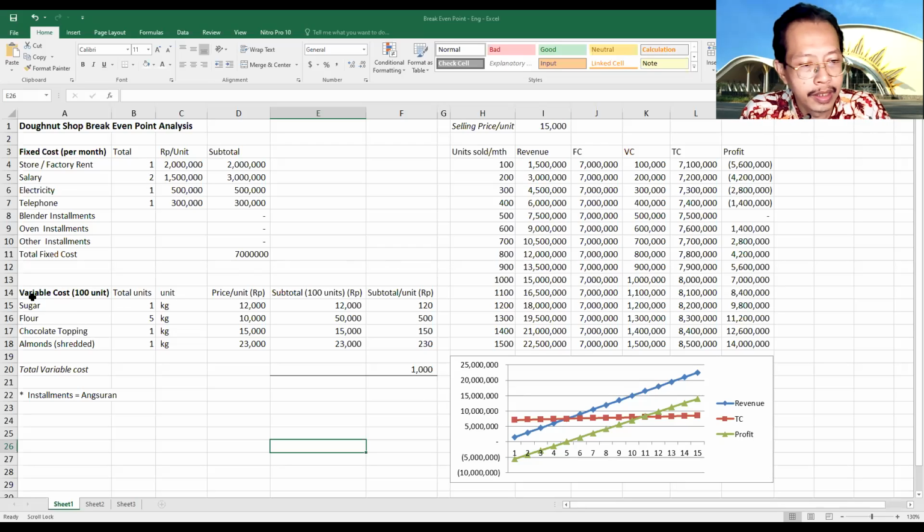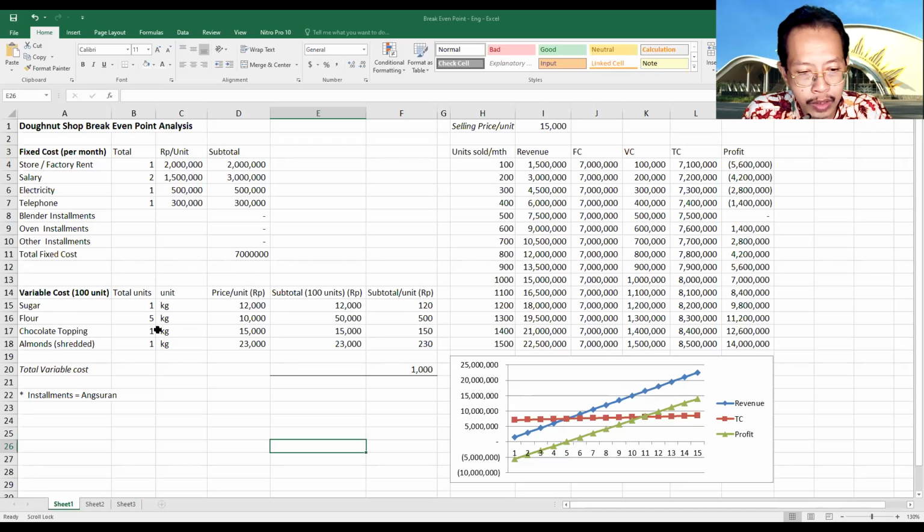Now you can see that the variable cost would be sugar. You need a total of 1 kilogram of sugar to make 100 units. Each kilogram costs 12,000 rupiah. So in that case, for 100 units, you would need 12,000. So for each unit, you would need 120 rupiah.